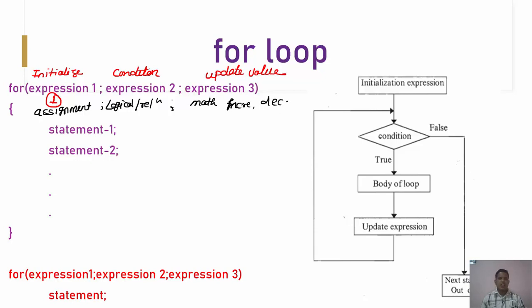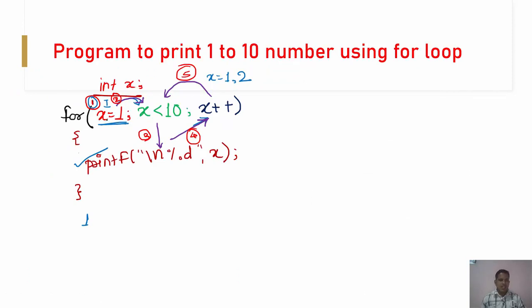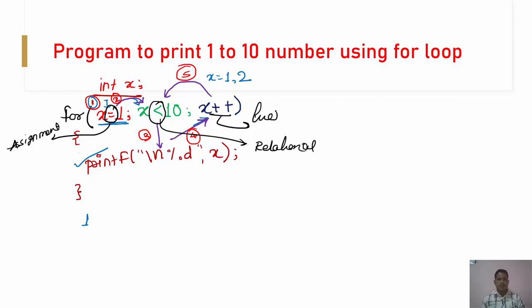These are the most commonly used here, right? So let us consider this same example. Here I am assigning a value, in expression 1 I am using the assignment operator. Then this is a relational operator that I am using in expression 2. And the plus plus is an increment operator.